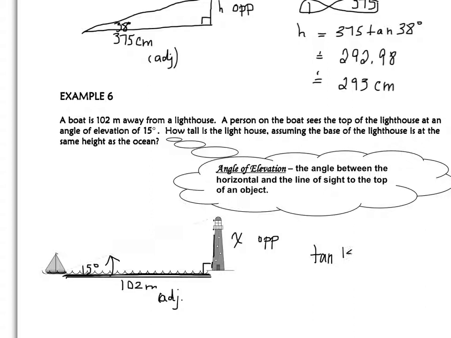Tan of 15 degrees is equal to opposite over adjacent.